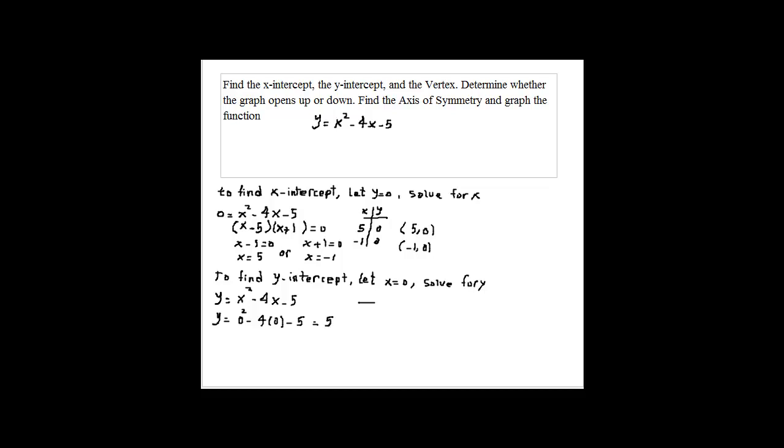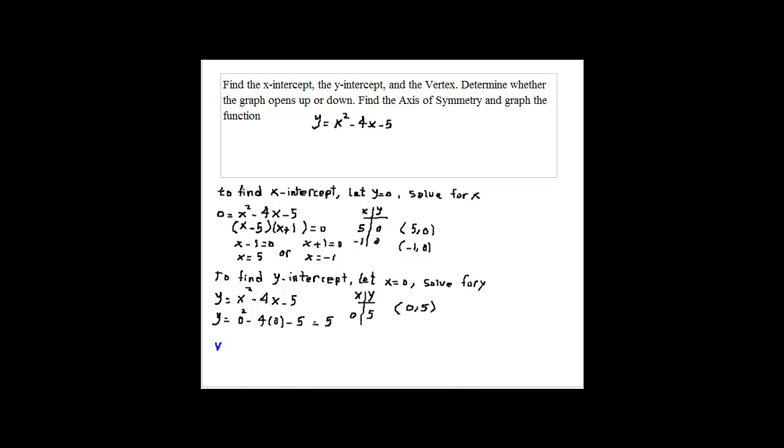So there we have it. If you look at it as an ordered pair, if x equals 0, y is equal to 5. So there we have it, 0 and 5. So you can find the intercepts. Now, how do we find the vertex? What would be the formula for the vertex?